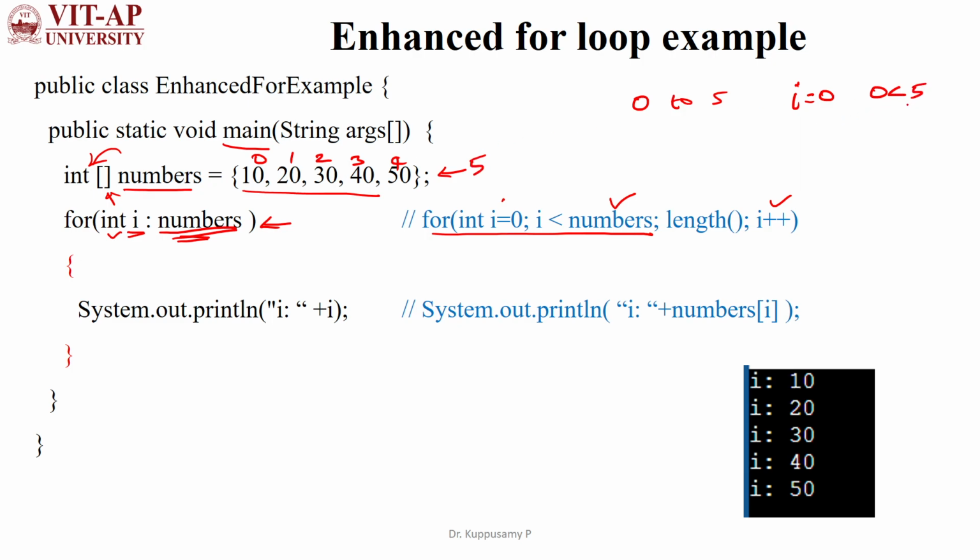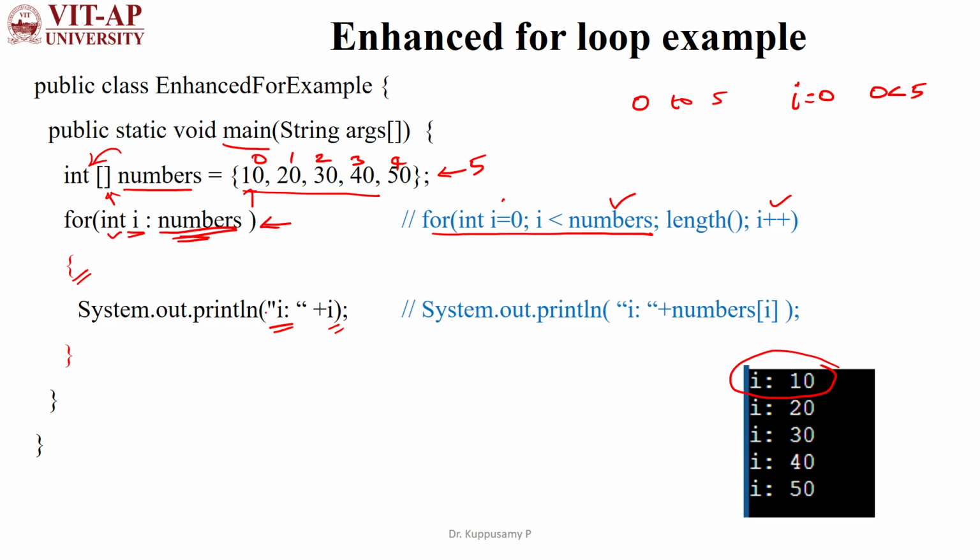So 0 less than 5 is true. Once it is true, the execution will enter into the for block. So inside the for block, i is printed, then we are printing the value from numbers. The number available at position 0 is 10, so 10 is printed for the 0th position.